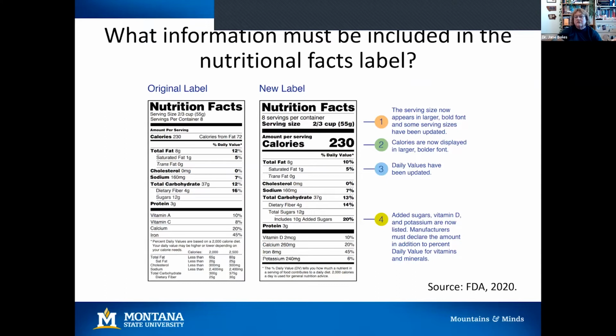Now, when you're looking at nutritional labels, there is an exemption for small groups. There is an exemption based on amount of product sold. So when you're looking at a very small company, they don't necessarily have to have nutritional facts.